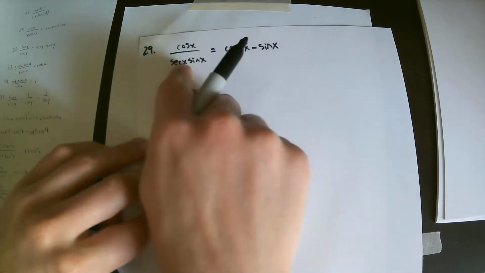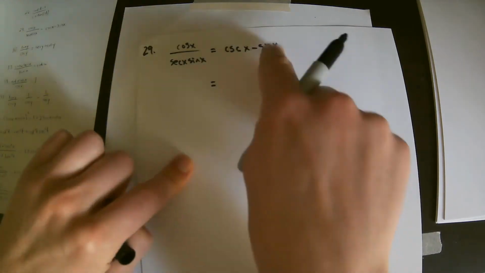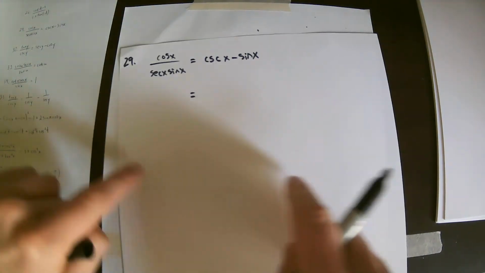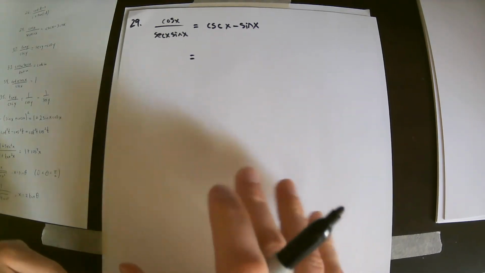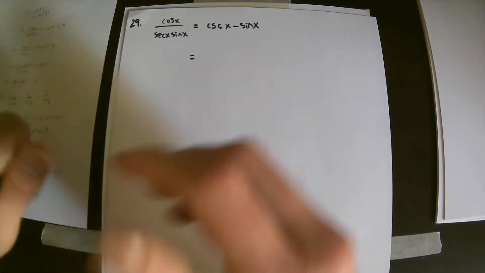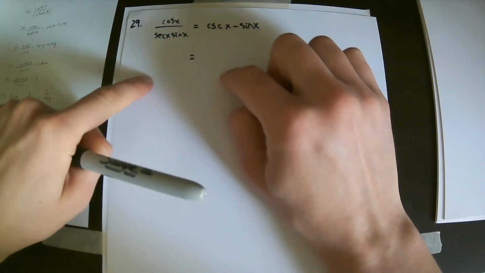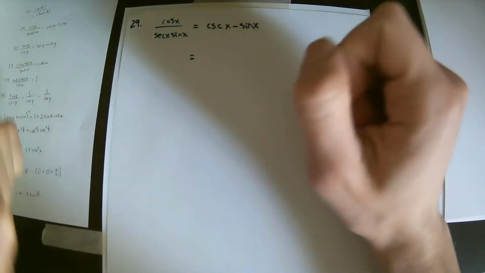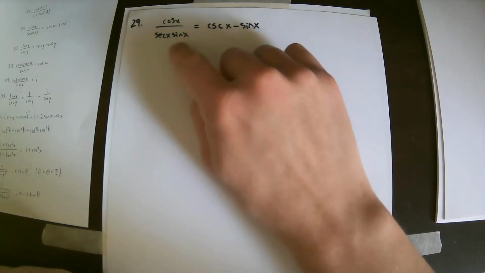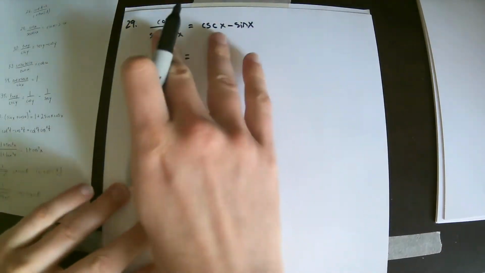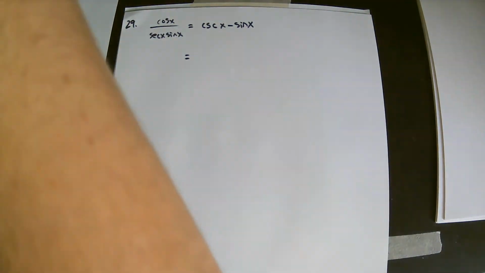Some people like to just pick one side, work with it, pick the other side, work with it, and just get them to look the same at some point. The way I like to do it is I like to try and work both sides at the same time. I feel like that gets me there quicker, instead of working one side and then working the other. So I have no plan in mind for what these things are going to end up equaling in the end.